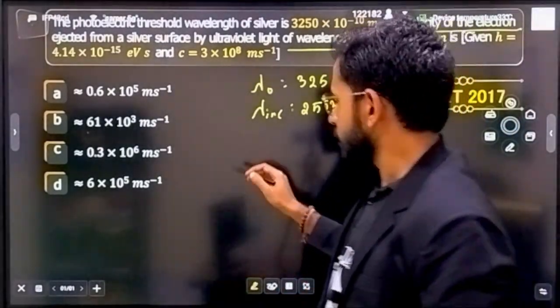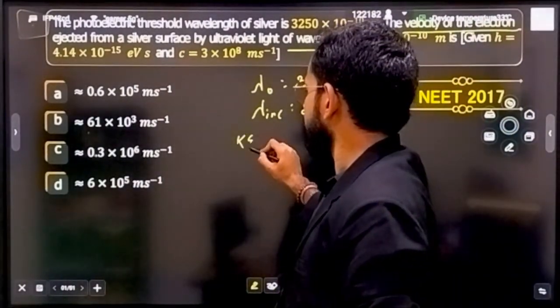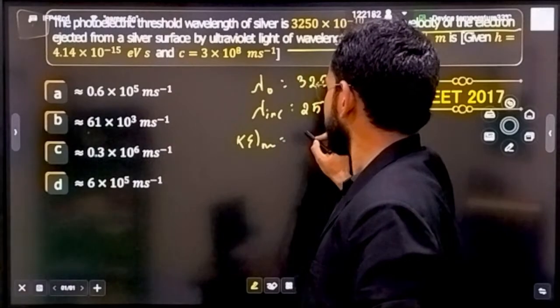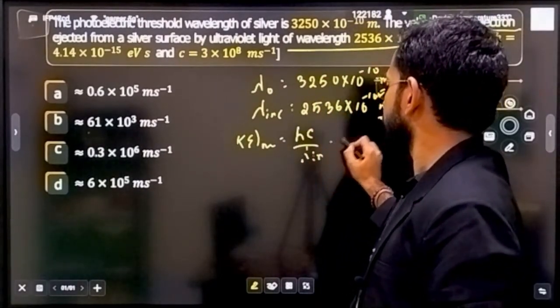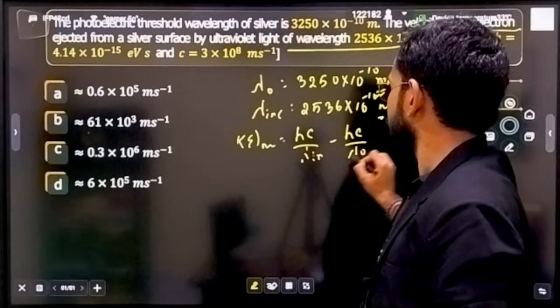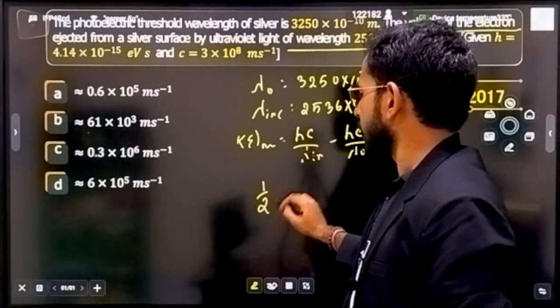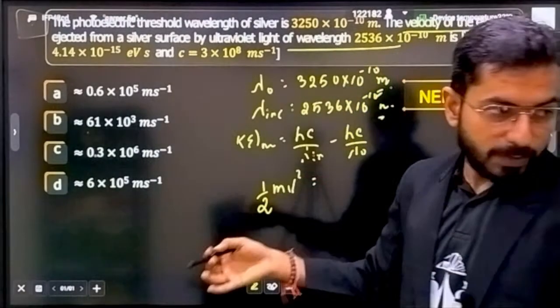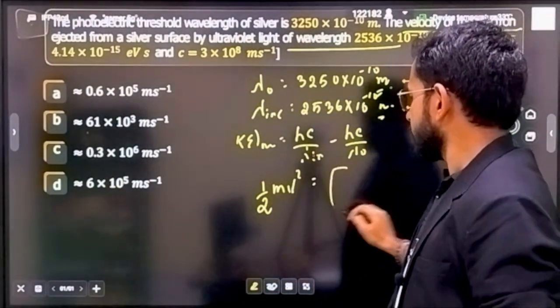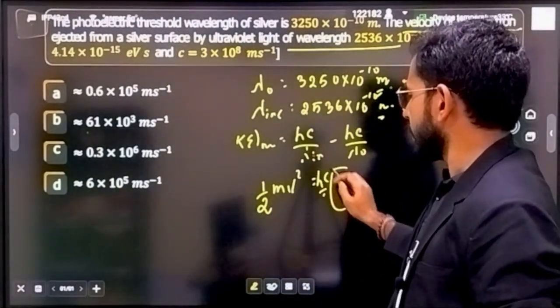How will you write the equation for the velocity of the electron ejected? You know that the maximum kinetic energy is equal to hc divided by lambda incident minus hc divided by lambda naught, and here half mv square is equal to this. This velocity you have to calculate. Take hc common.